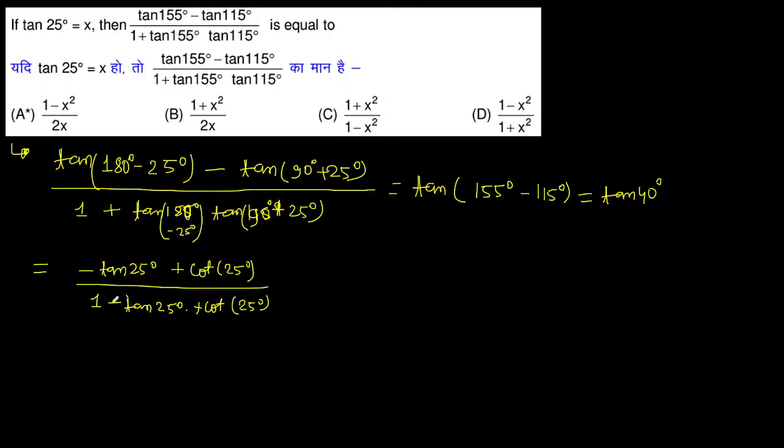So minus minus will become plus. We are simply getting this as 2. Tan cot will get cancelled. It will become 2, and this is x and this is 1 by x. It will go in LCM: 1 minus x square by 2x.